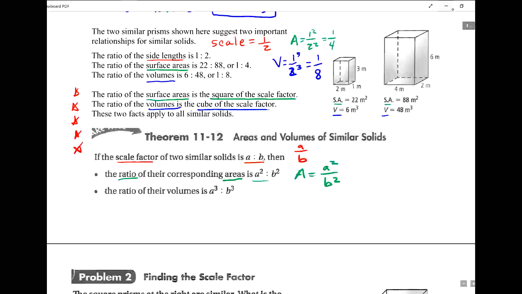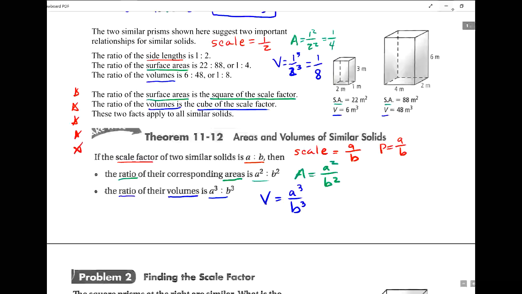Let's write this better up here. This is scale, A to B. And we could also remember that our perimeter ratio is also A to B. That came from the last time we did this. And the ratio of your volumes, your volume ratio, is A cubed to B cubed.